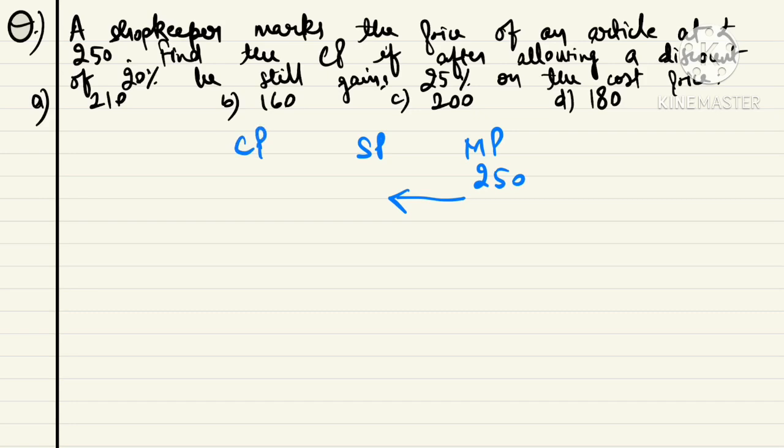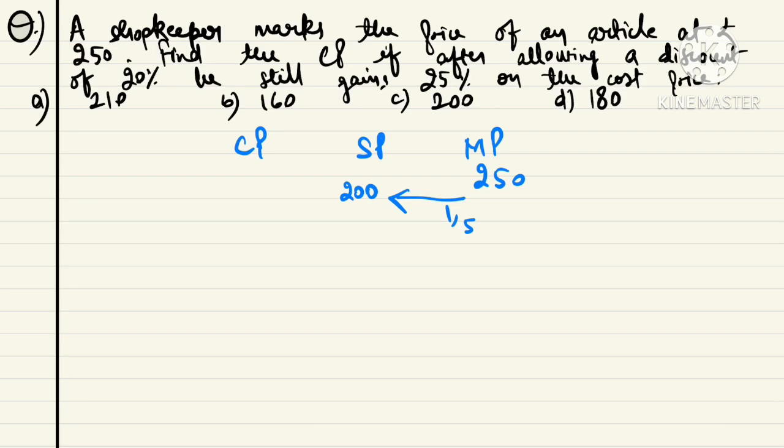Perfect. So mark price is given and discount is also given. So discount is 20%. So 20% means 1 by 5. Fine. So what will be the selling price here? Selling price will be 200, because 1 by 5 is 50. 250 minus 50 is 200.